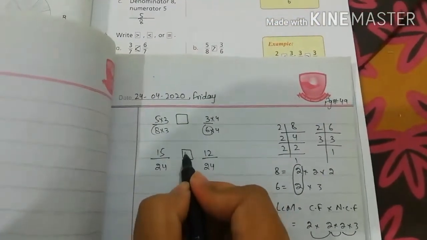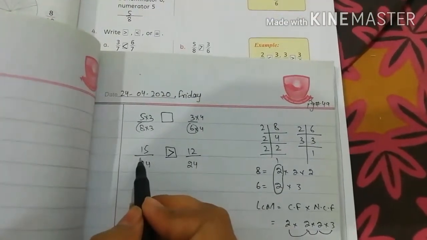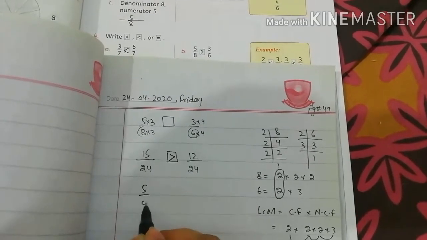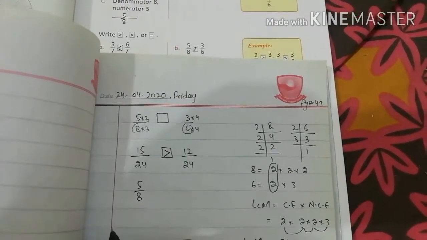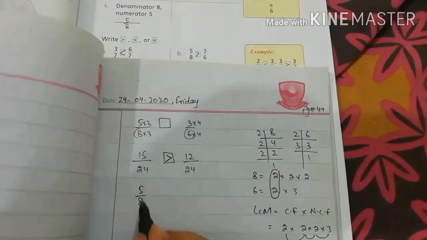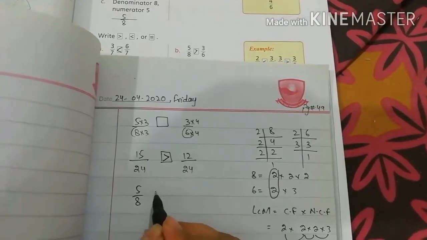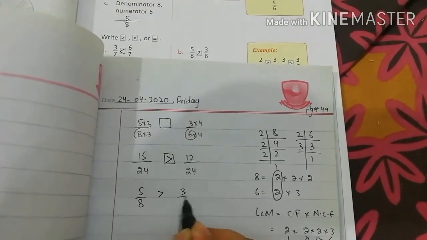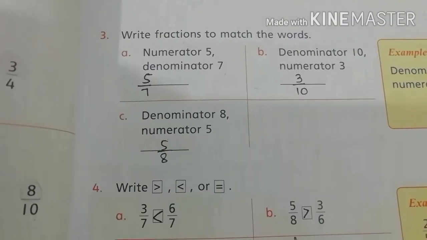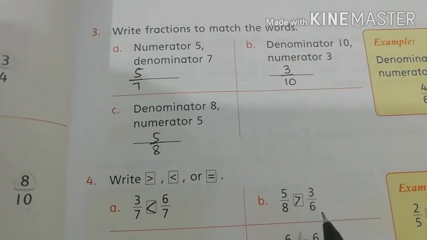So the sign is here. 15 by 24 is represented by 5 by 8, and 12 by 24 is represented by 3 by 6. So 5 by 8 is greater than 3 by 6.